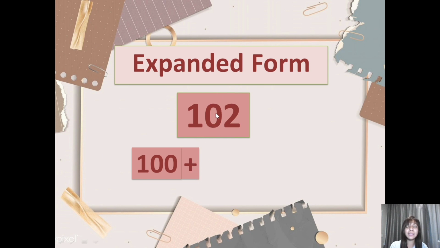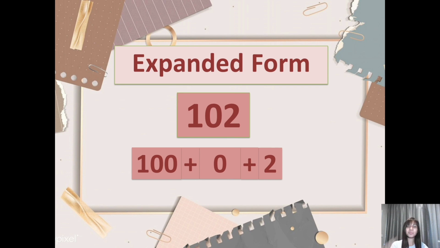And then next is 0. Since it has no value, it is 0. So just write 0. Okay? Next, plus. Next is, since this is ones, just write 2. Okay? So the expanded form of 102 is 100 plus 0 plus 2.